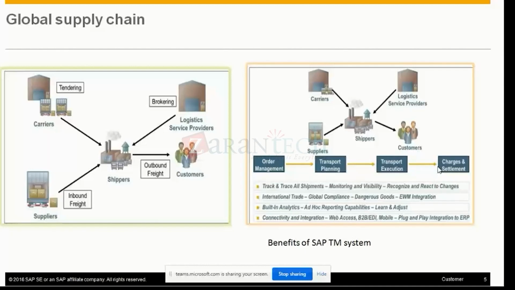So in transportation management, for example, if I talk about dangerous goods, if you are transporting any type of goods, mainly for the chemical industry, pharma industry, mining industry, these goods really play an important role, because the transportation of dangerous goods should not be mixed with a normal transport with other products.